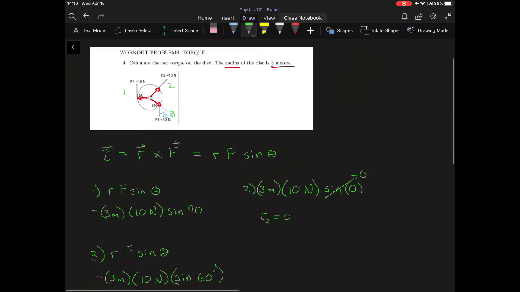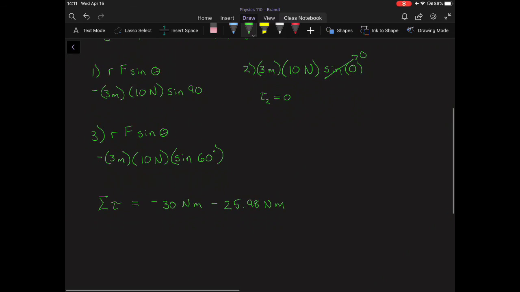So if we're looking for the net torque on that disk, we supply all of that. So our net torque on our disk, looking down from the top, is going to be negative 55.98 Newton meters.